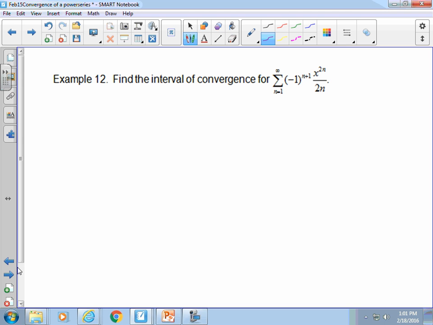I'm going to use the ratio test to get that interval of convergence. Good question. It is an n+1, yes. So anytime I'm looking for intervals of convergence, it's a good idea to use the ratio test, unless it just happens to be geometric and you can see that it's geometric, and then you could do r between -1 and 1.